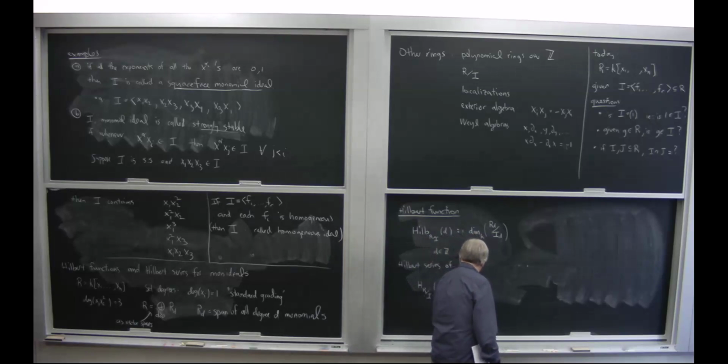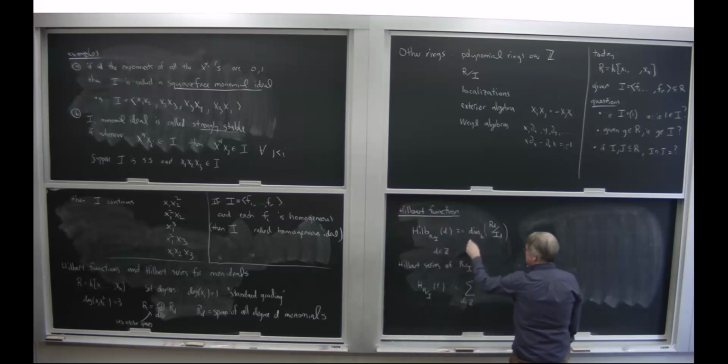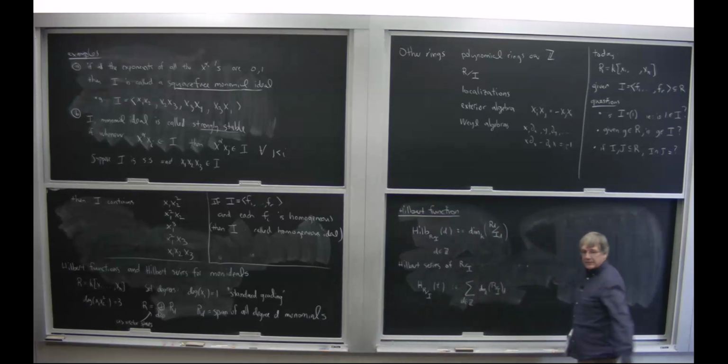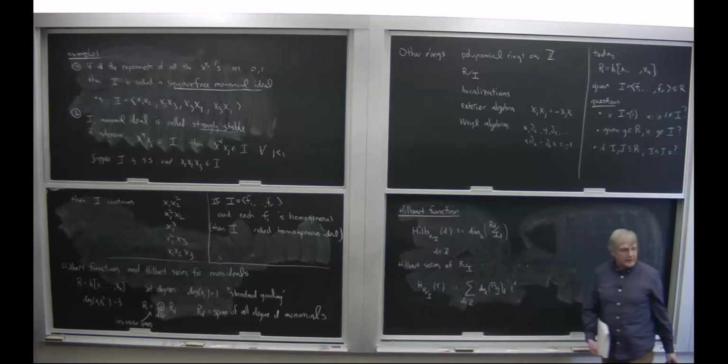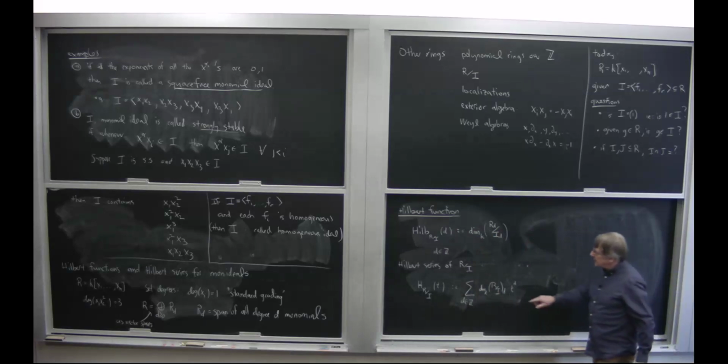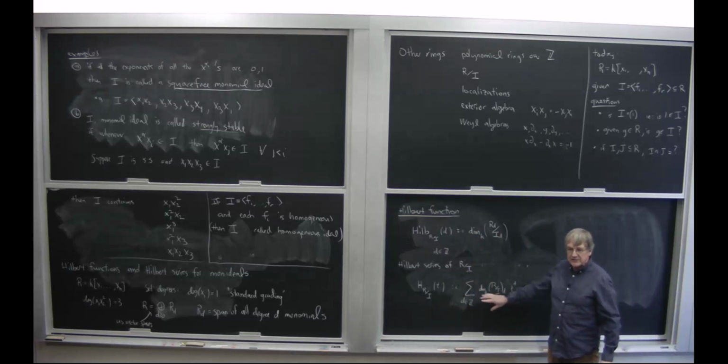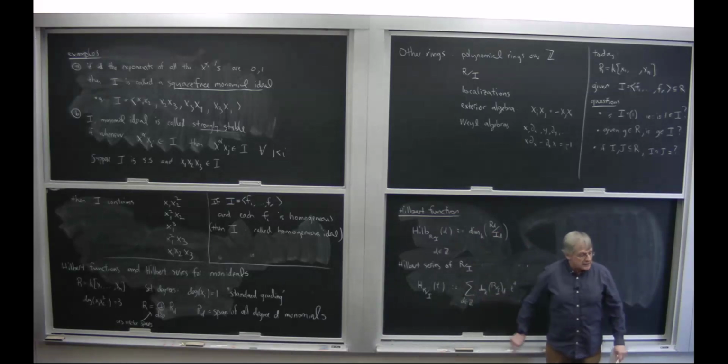Not T, sorry, that's a bad name. Let's say D in Z. It's going to be the Hilbert function of R mod I in degree D times T to the D. I'm not sure who had the intuition that this was a really great thing to look at, but it certainly was Hilbert, if not probably earlier than that.